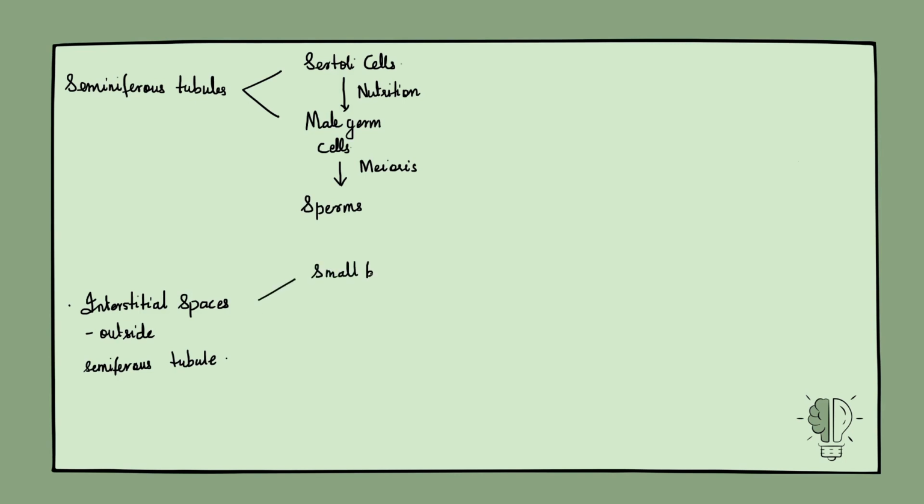Now these interstitial spaces contain small blood vessels. And also some cells that are called interstitial cells or Leydig cells.